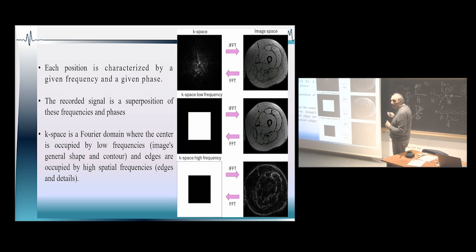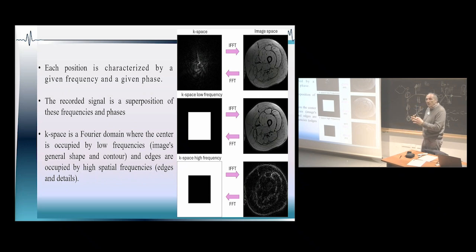This is an image of a muscle. If you take the central part of the K-space, so it means the central frequencies, and you do the same Fourier transformation, you will mainly have all the information. If you compare this and this, it's not so different. And so the edges of the K-space with the high frequencies are going to give you the details of the image, like in here, but not so much.